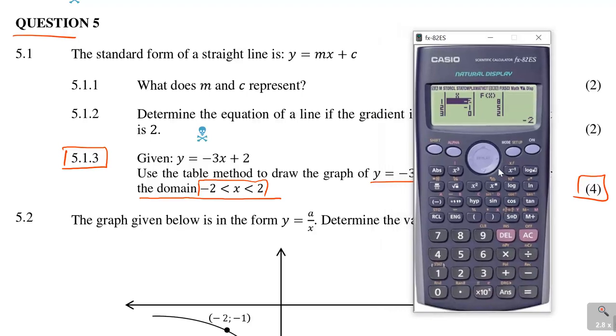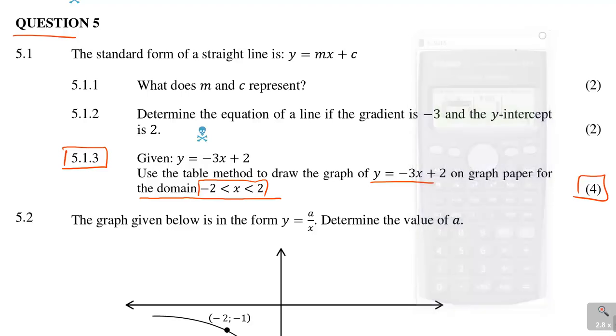Now these are the table of values. They say use the table method, so these are the tables you're going to use. When x is -2, y is 8, then -1, 5, 0. So that's what they are talking about there. The calculator can actually help you.